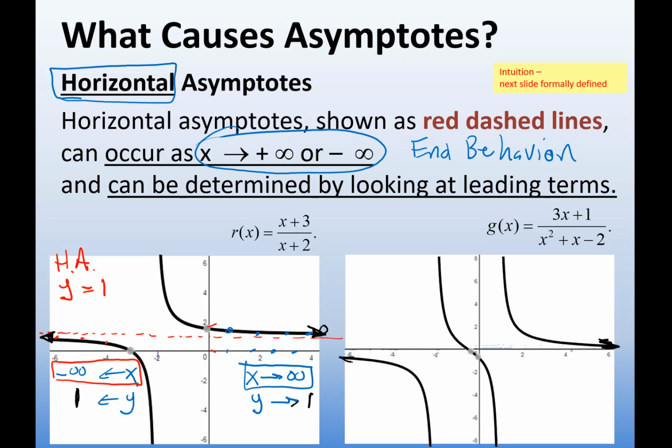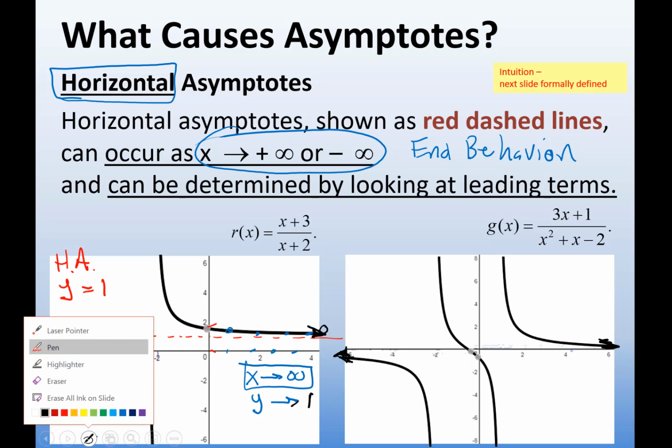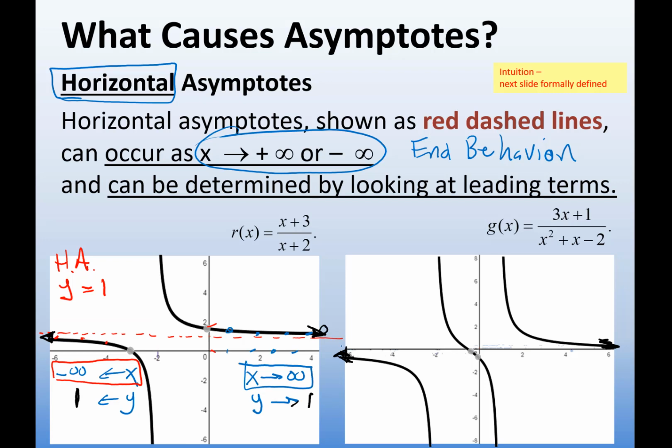Here's another tail way out here at this end. And we're going to try to figure out, well, what are those tails doing? In both cases, they seem to be converging right along the x-axis. And that's something we'll call the horizontal asymptote. And in this case, it's y equals 0.